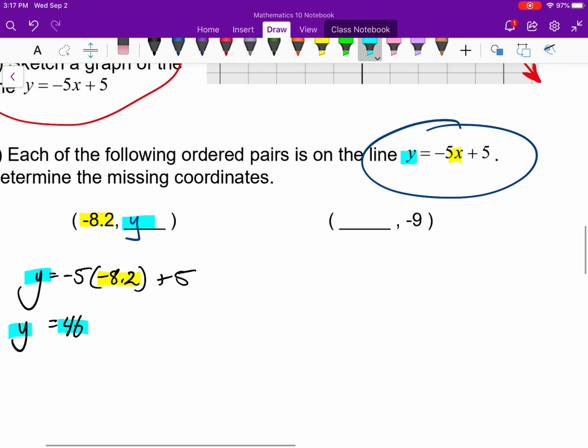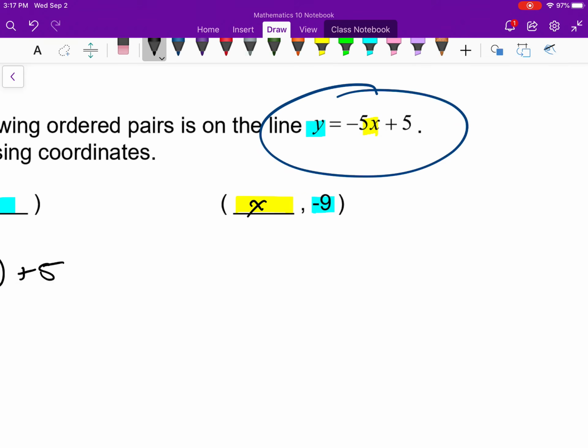And so I can do the same idea for the other one, except for the other final example, I don't know x, I do know y. But same idea. I can go back to my equation, and I know that y is negative 9, so I'll say negative 9 equals negative 5. I don't know the x yet. I will know it soon. And now I can solve for x.